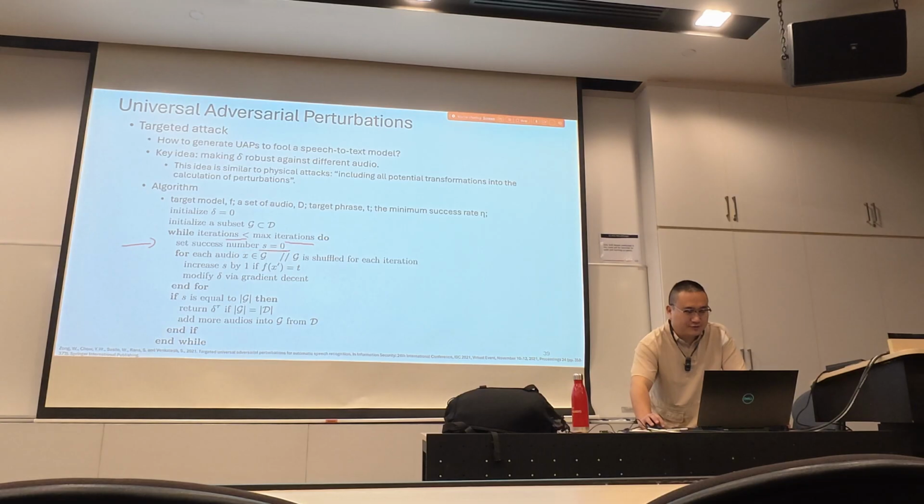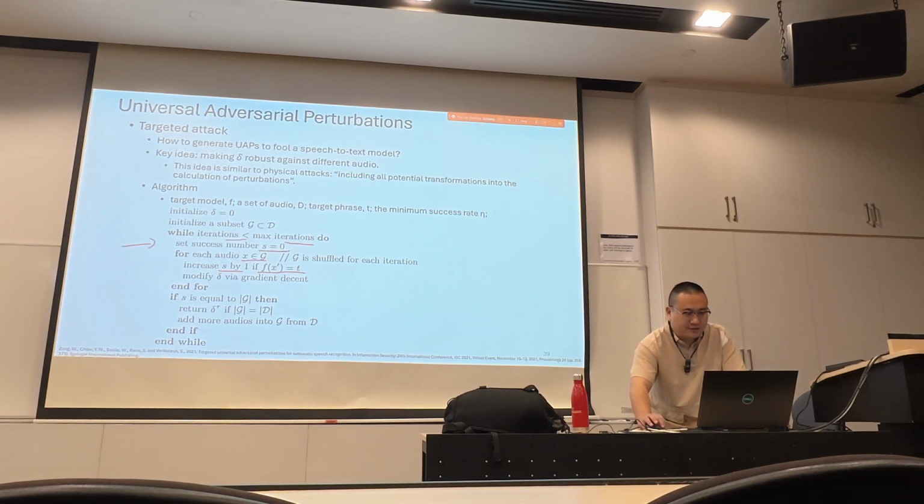Then for each audio in the subset, if we can fool the model to predict the predefined transcript, we increase S by 1.